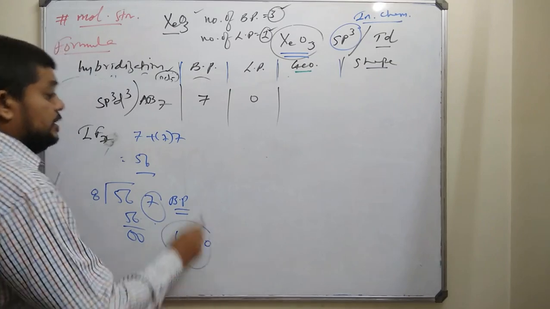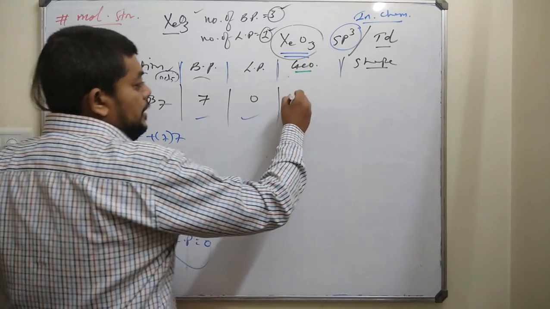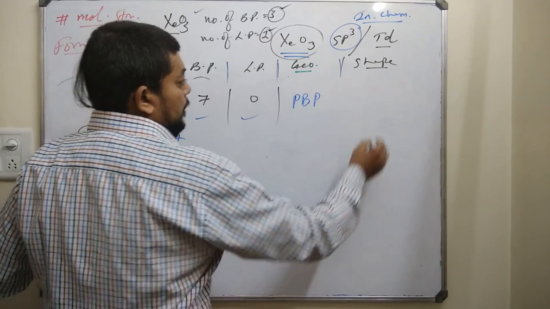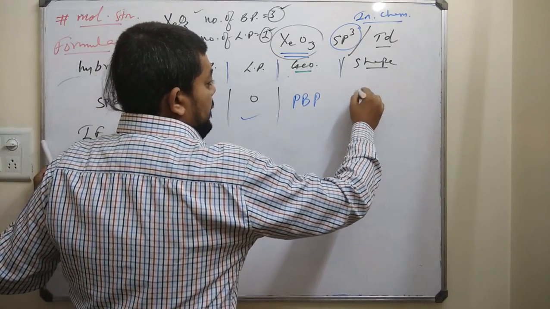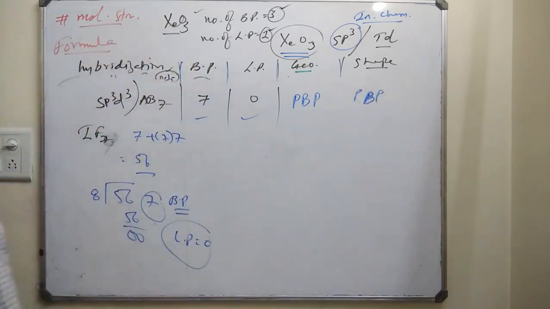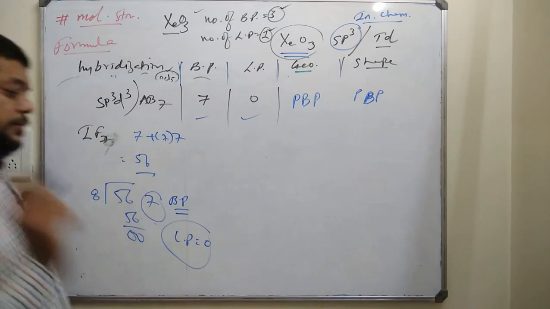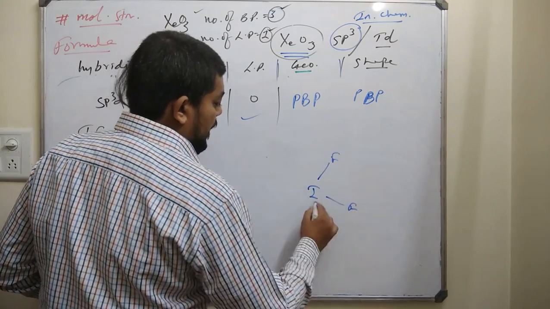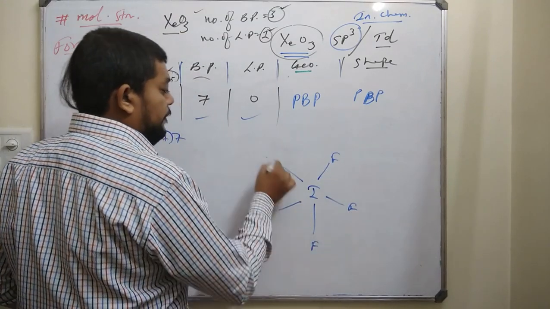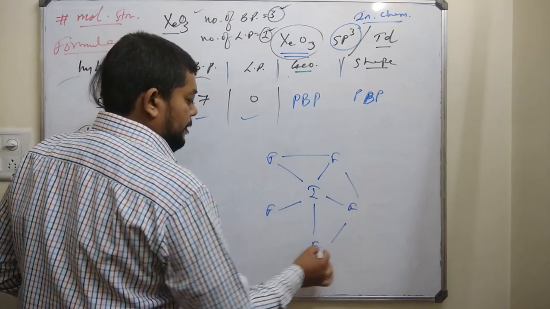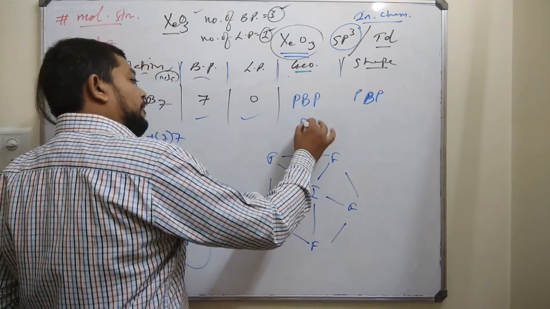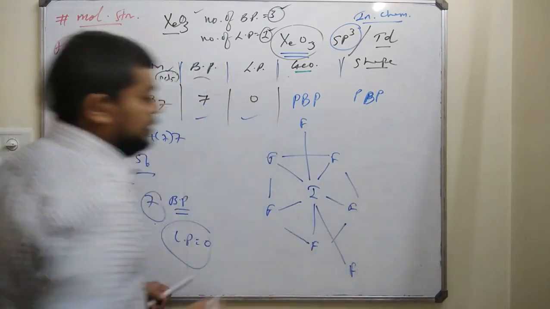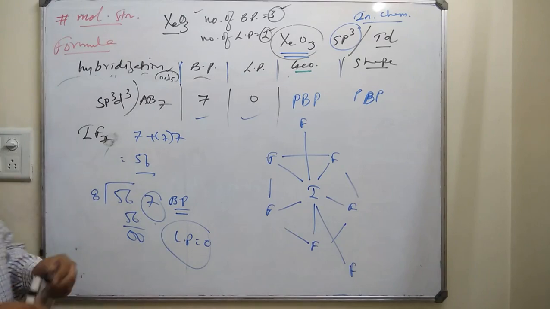The lone pair is 0, so the combination is right, and the geometry will be pentagonal bipyramidal, and the shape will also be pentagonal bipyramidal, because when you do not have lone pairs, geometry is always equal to shape. Therefore I in the center, F, F, F, F, F, and 1 F at the top and 1 F at the bottom, so it's a pentagonal bipyramidal.